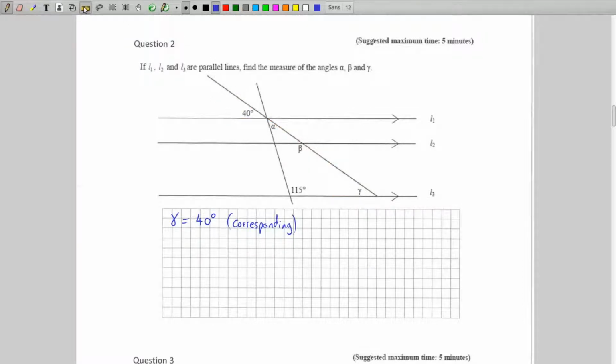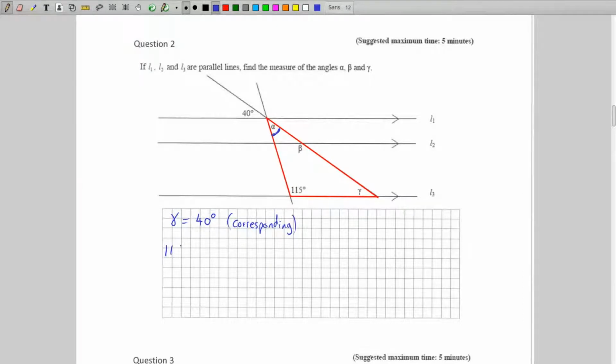Secondly, we can talk about this triangle. We already have two of the angles. We know that there's 115 degrees there, and we've just figured out that gamma is 40 degrees. So this last one, alpha, we can work out because we know that internal angles of a triangle have to add to 180 degrees.